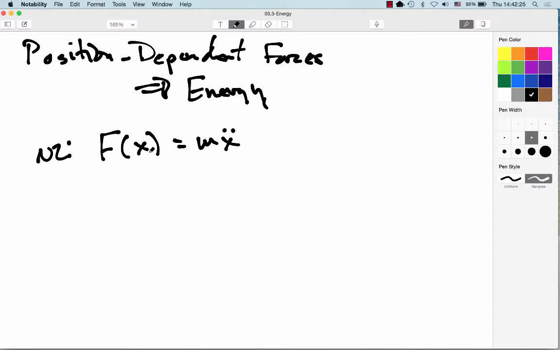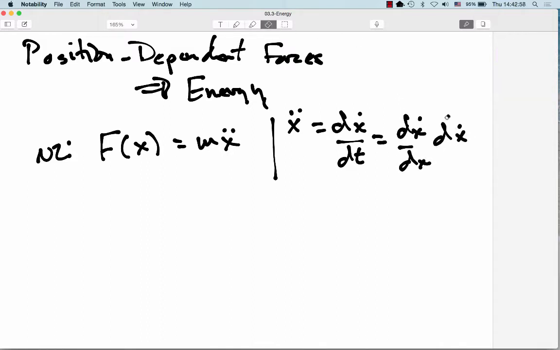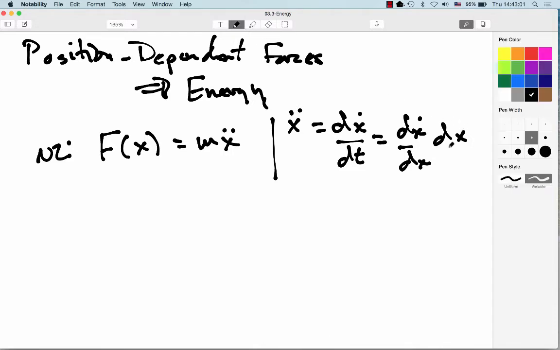Now, in general, solving these things can be a bit of a bear, but there is a little trick that makes life go a little easier. If we think carefully about what x double dot means, one way we can write that is as d x dot dt. It's perfectly legal to write that as d x dot dx, dx dt. Perfectly good.